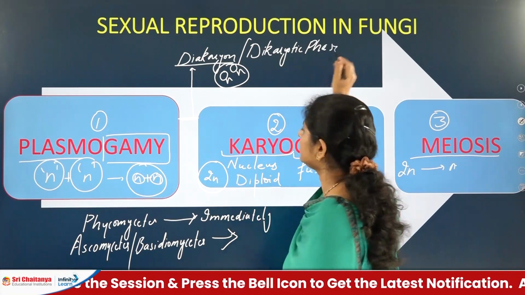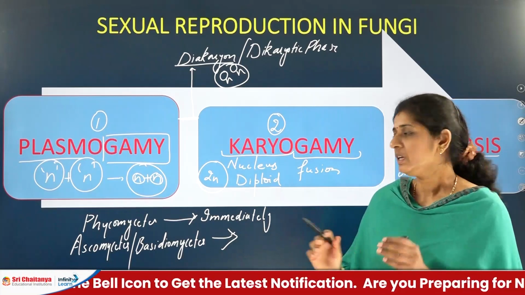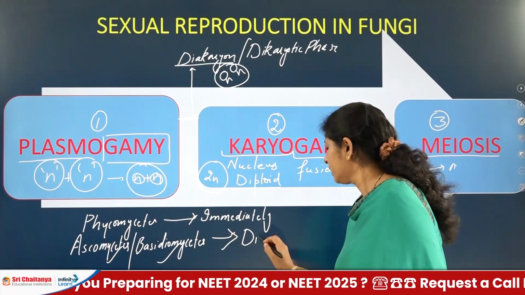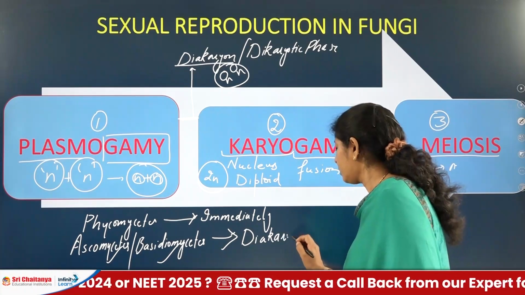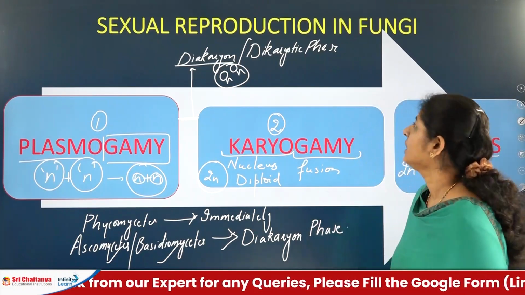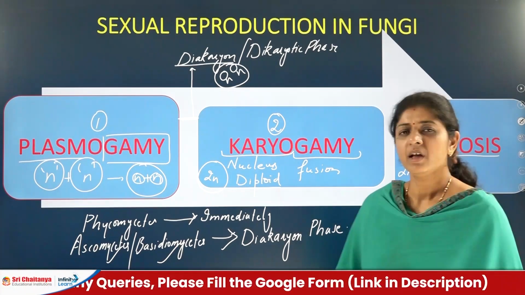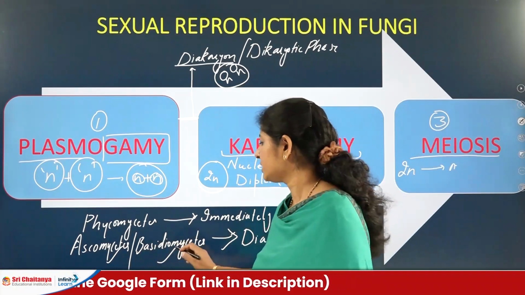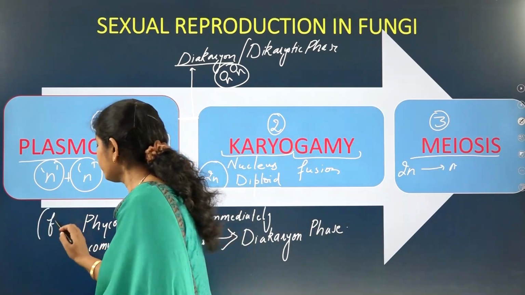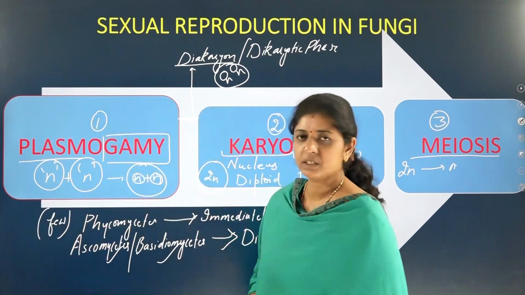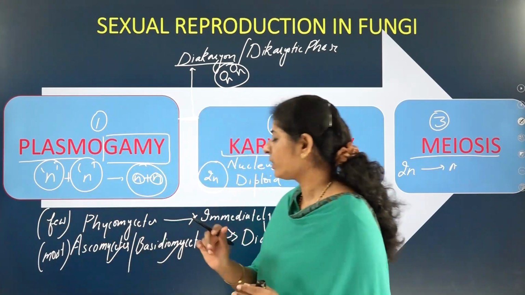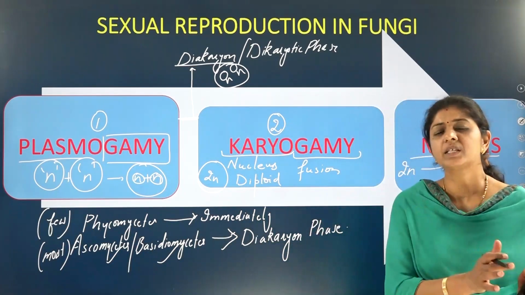So the dikaryon phase is there in the case of Ascomycetes and Basidiomycetes, or you call it the dikaryotic phase, right? I repeat: Ascomycetes and Basidiomycetes. If they say in a few fungi, then Phycomycetes. If they say most of the fungi, then remember we are talking about Asco and Basidio, because two classes are included there.